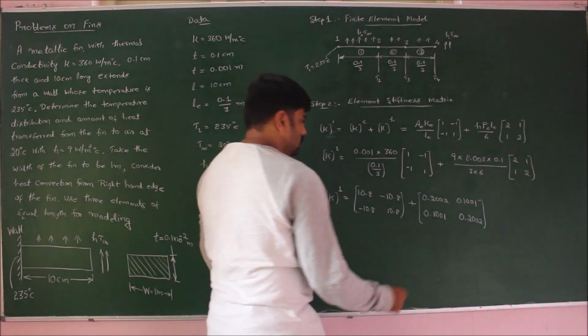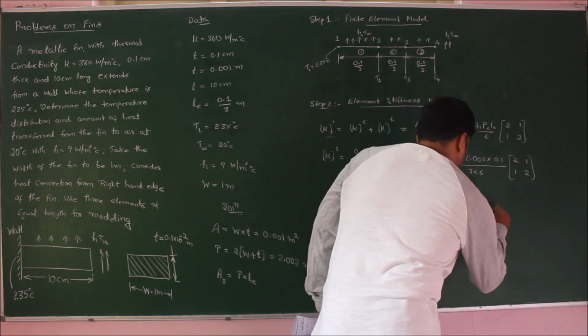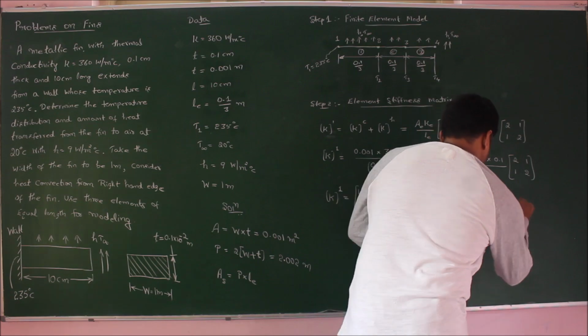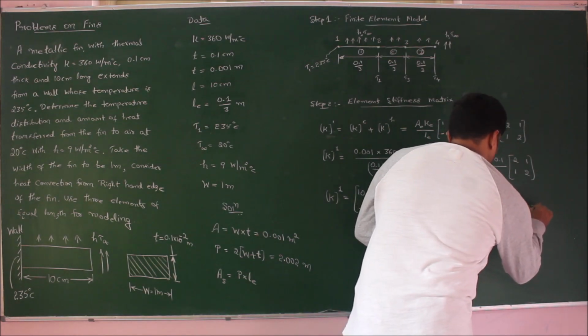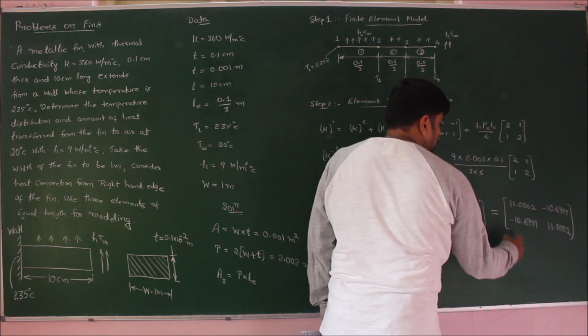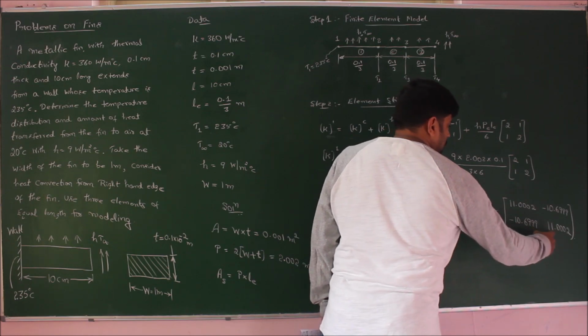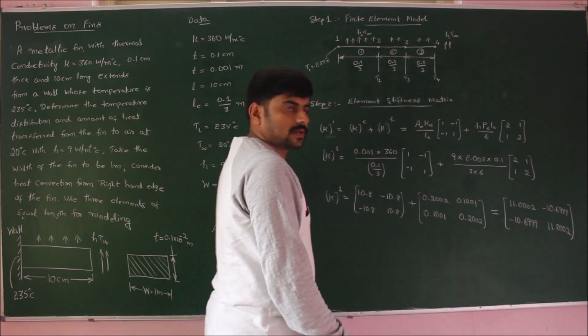So adding these two, I'll get the element stiffness matrix of element 1 as 11.0002 minus 10.6999 minus 10.6999 and 11.002.